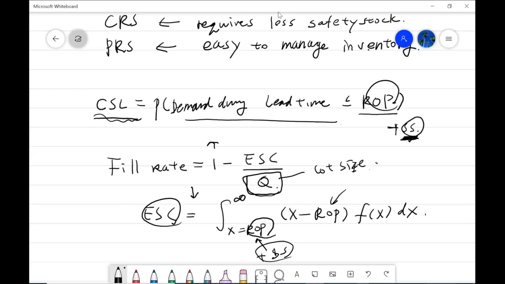So in fact, if you increase the lot size, order a lot, then what happens? You will see that this fill rate is also increased. Why? Because if it's increased, then the entire term is decreasing. So it's a minus, so it's increasing. So here's the problem. But on the other hand, under the cycle service level, even though you increase the lot size, it will not increase the cycle service level.